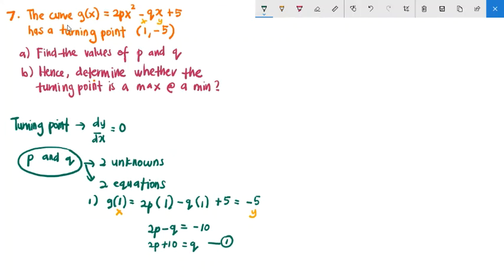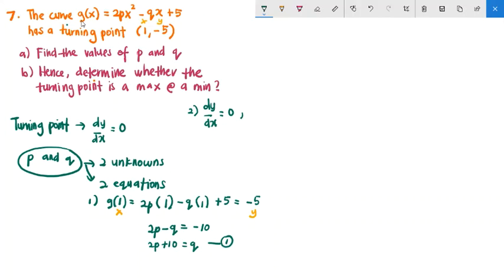Okay, number 2 we can get from the fact that it has a turning point. What else to do? dy/dx is equal to 0, because it's a turning point, no gradient.